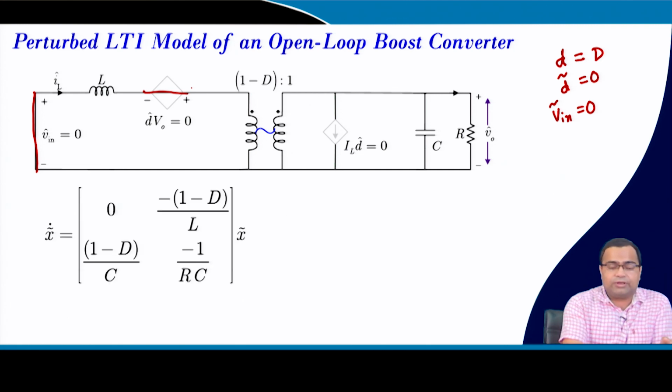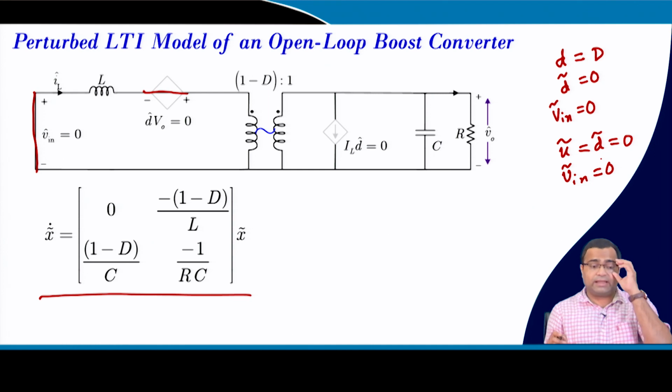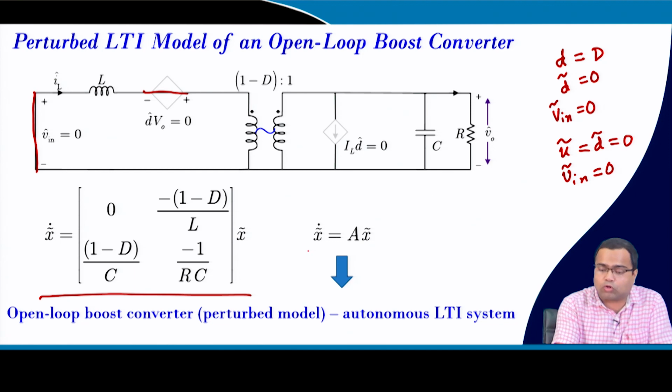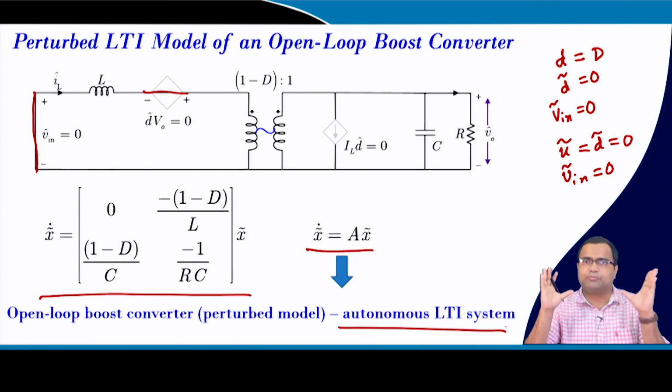Then we will only have this equation, because u tilde, which is nothing but d tilde, equals 0, and then v in tilde equals 0. So, we will get x tilde dot equal to A into x tilde. So, this represents x dot equal to Ax, which is nothing but an autonomous linear time invariant system, where there is no perturbation in the input signal.